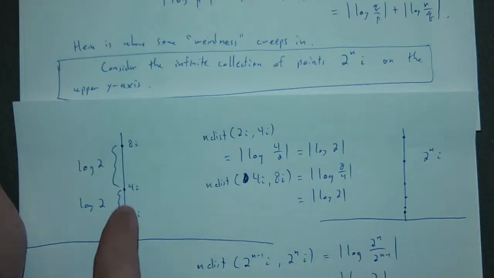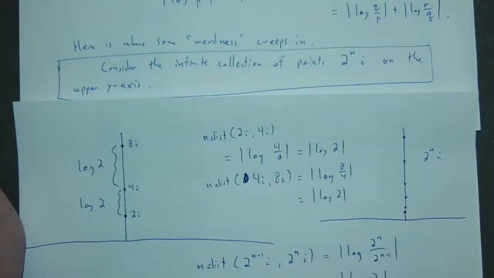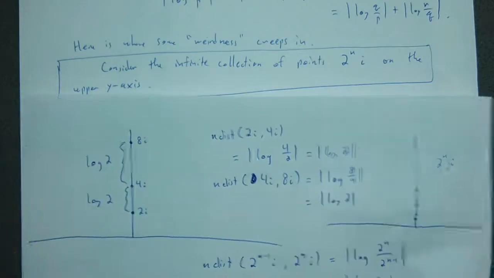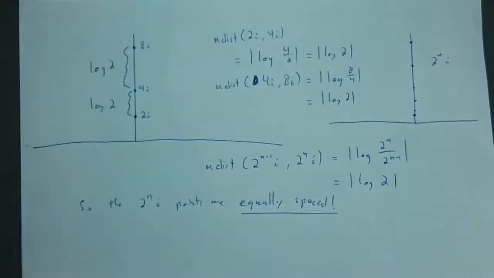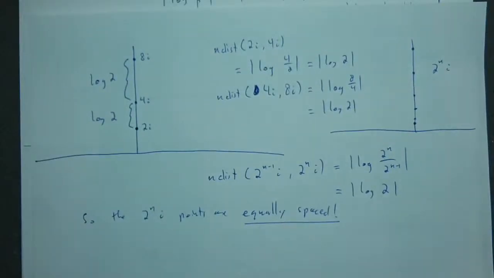The distance between 4i and 8i is log 2. The distance between 8i and 16i is also log 2. So even though it doesn't look like it, these are equally spaced points on the upper y-axis. In terms of non-Euclidean distance, these are equally spaced points.